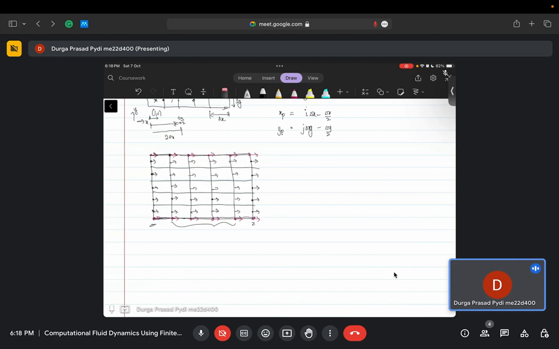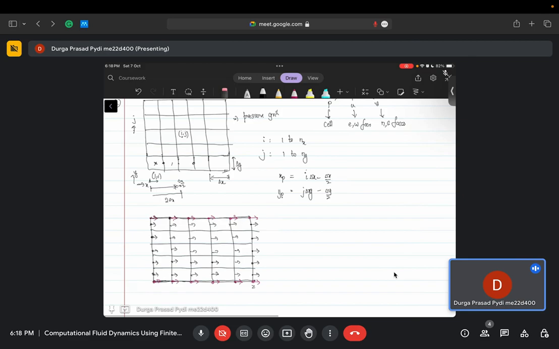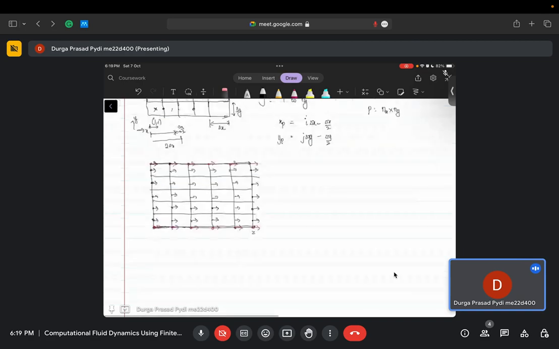So the question is, what will be the size of this u matrix? When I have my p matrix, it is of size nx by ny. If I store this in some array, the size of that array or matrix will be nx by ny. Now this is for the u grid. What will be the size of this?